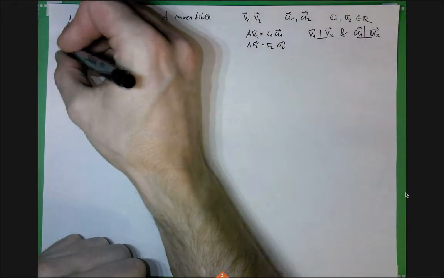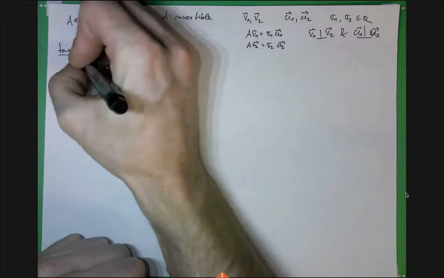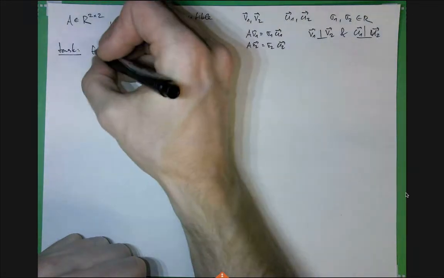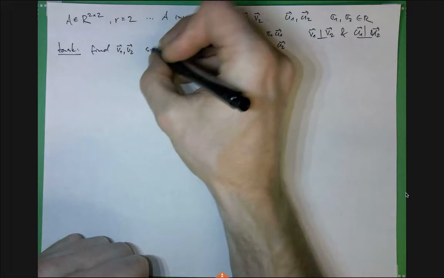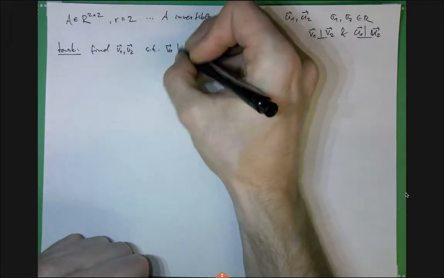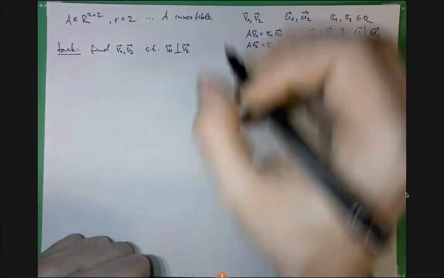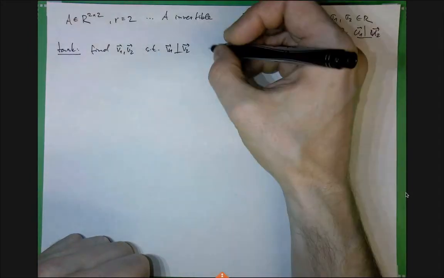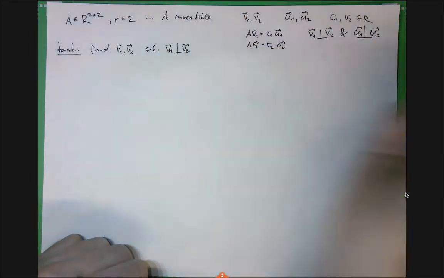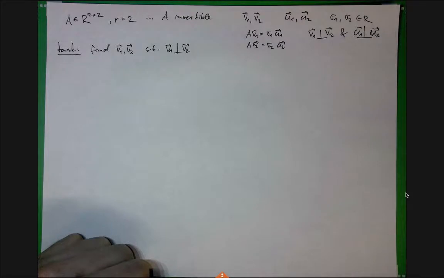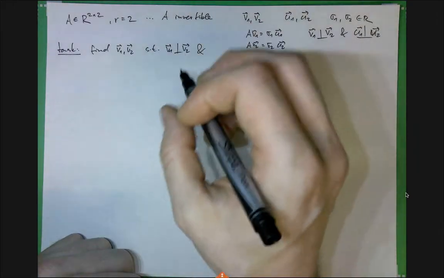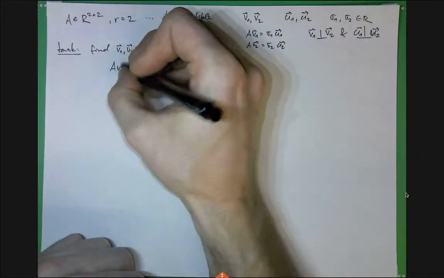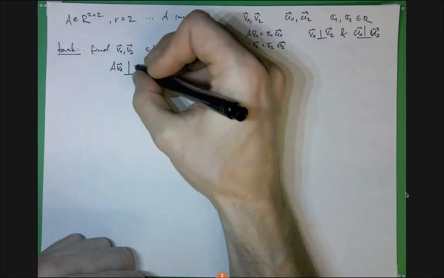So the main task is to find V1 and V2 such that V1 is orthogonal to V2, and so this would be simple, right? In the plane you can give me tons of vectors that are orthogonal to each other. But the catch is that I have another condition, that AV1 is also orthogonal to AV2.